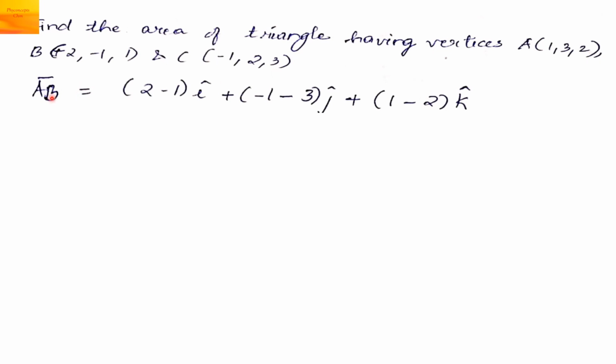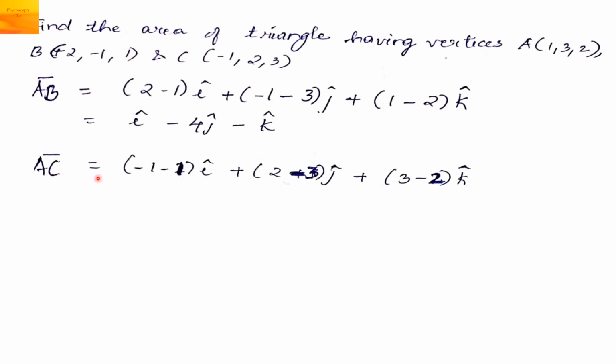So we can find out AB bar as 2 minus 1 into i cap, that is we are subtracting the respective components, plus minus 1 minus 3 into j cap plus 1 minus 2 into k cap. So that is i cap minus 4j cap minus k cap. Same way now we will find AC bar, and that comes as minus 2i cap minus j cap plus k cap.